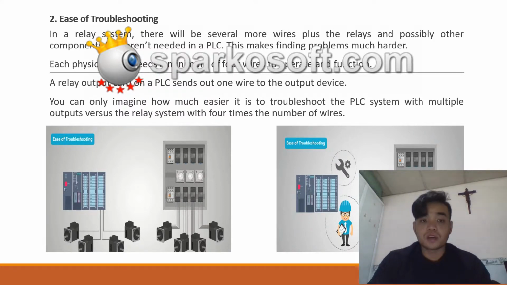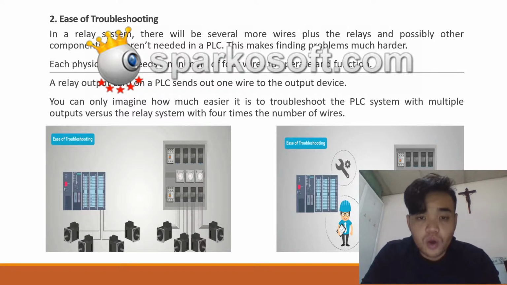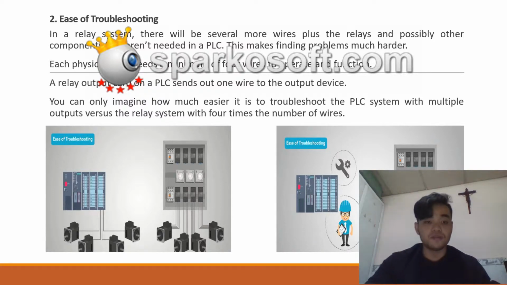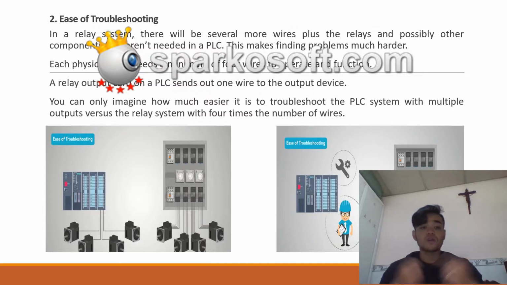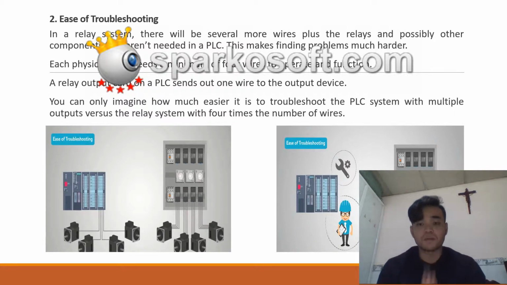A relay output card on a PLC sends out only one wire to the output device. You can only imagine how much easier it is to troubleshoot the PLC system with multiple outputs versus the relay system with 4 times the number of wires.